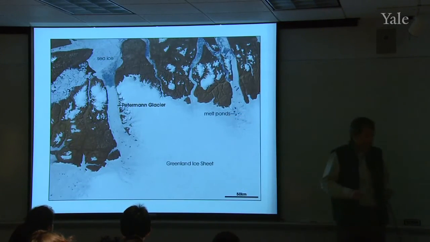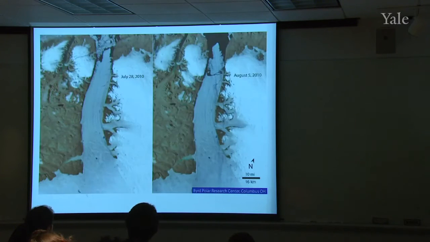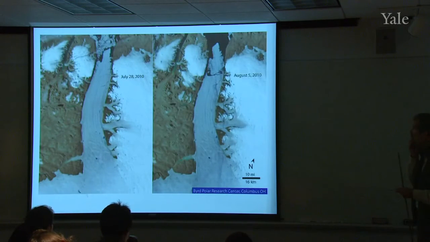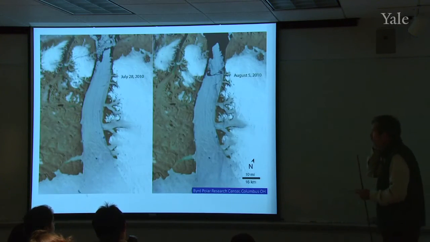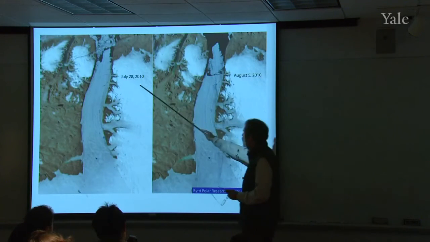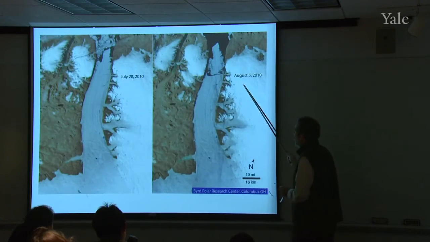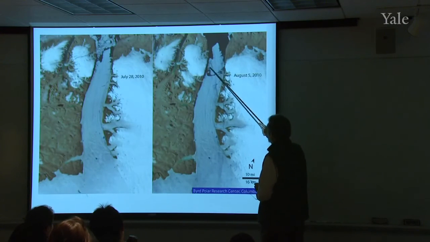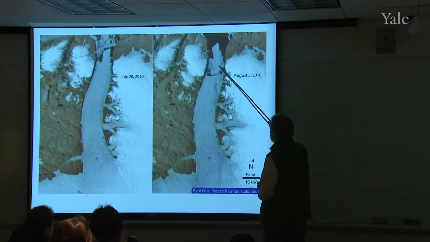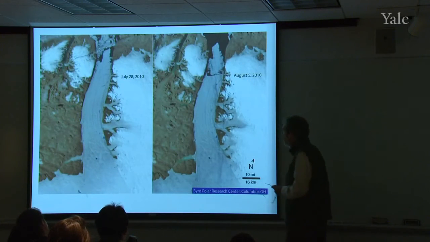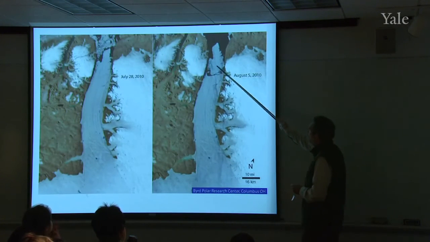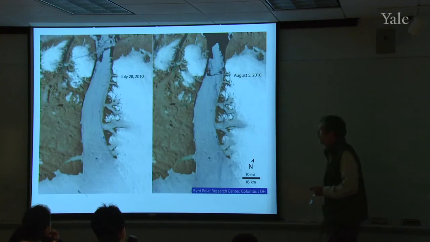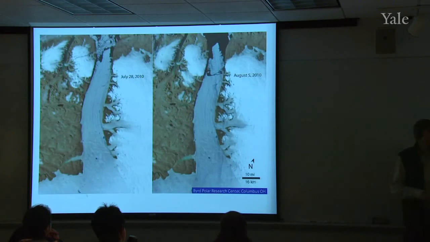And just last year, in 2010, this was in the news: between July and August, a big chunk of the Petermann Glacier broke off, and this big, flat, huge tabular iceberg drifted northwest into the Strait of Nares and ended up blocking that channel for a number of months.